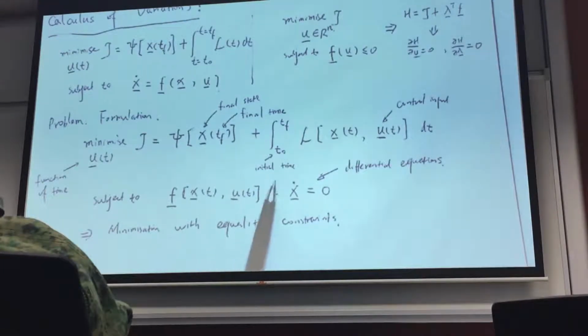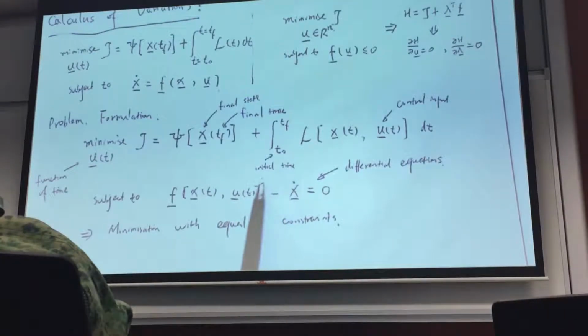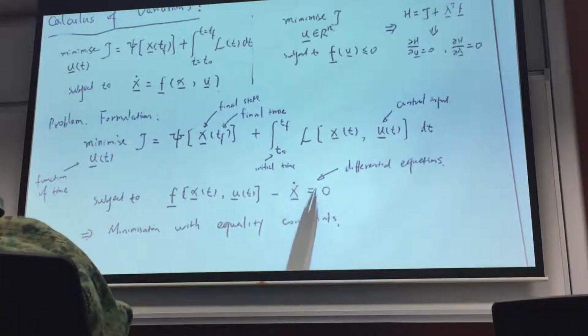So the solution to this problem, the format is quite similar to the techniques that we used before. To solve the problem, we also construct the Hamiltonian. We construct the augmented cost function by using the Lagrange multiplier.